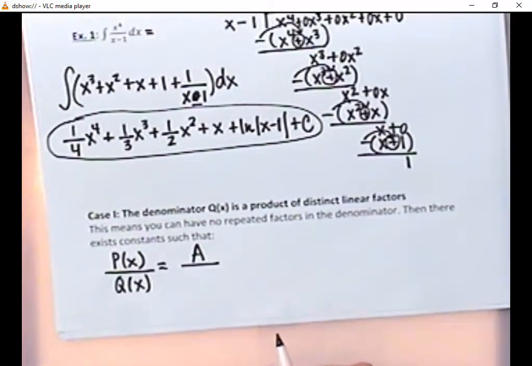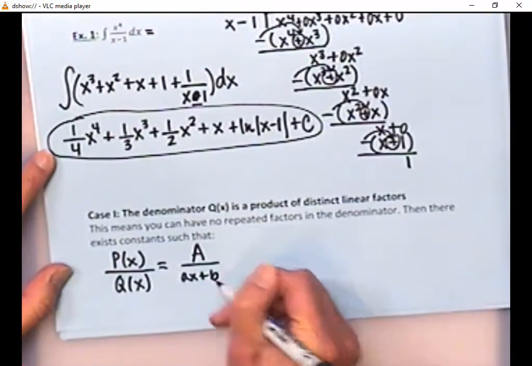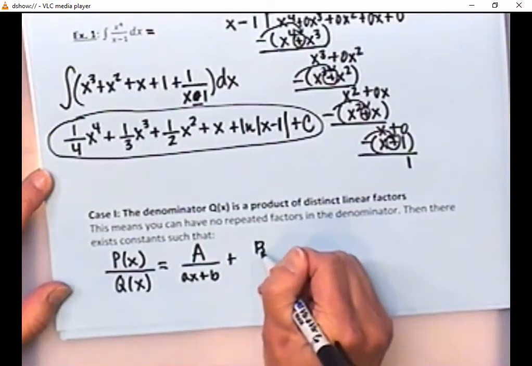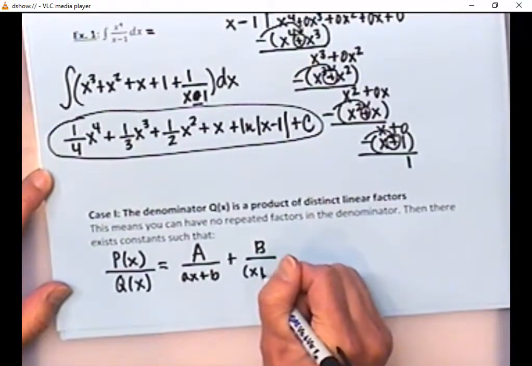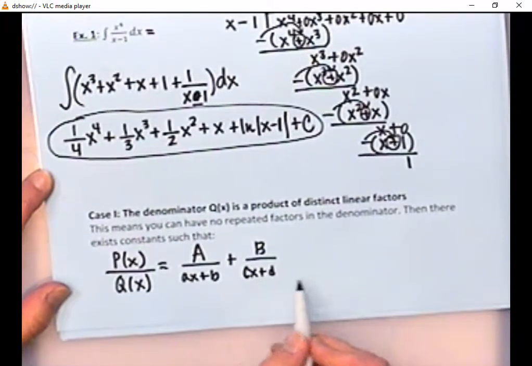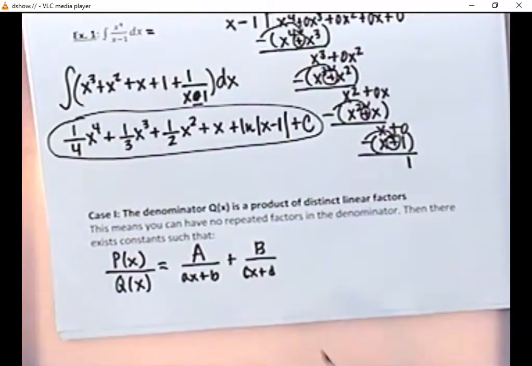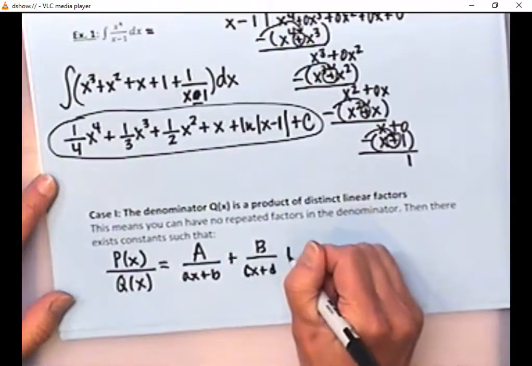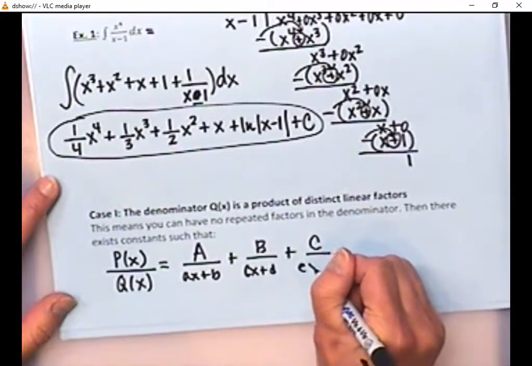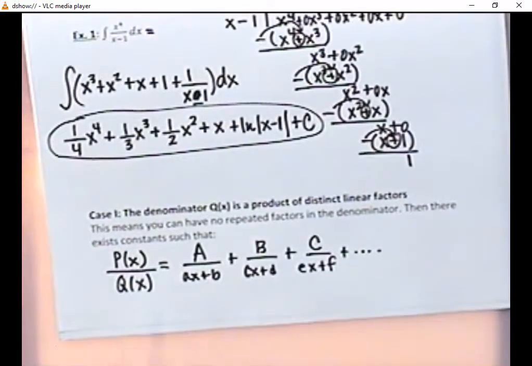So we can find these constants like A for the first linear factor, ax plus b, and then plus B for the next linear factor, cx plus d, and so on. So all of these will be unique linear factors where they only have an x to the first power and they may have constants with it, and so on. So there will exist all of these constants that I can find and break these down into simpler fractions.